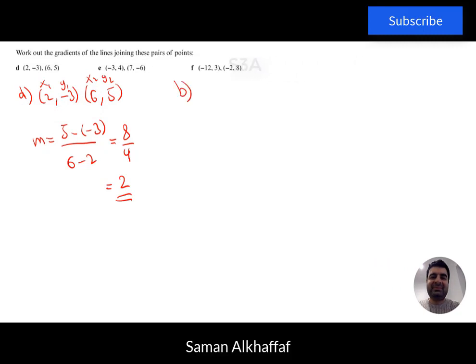For part B, we have (-3, 4) and (7, -6). So we have x1, y1, x2, y2. The gradient will be y2 take away y1 over x2 take away x1.